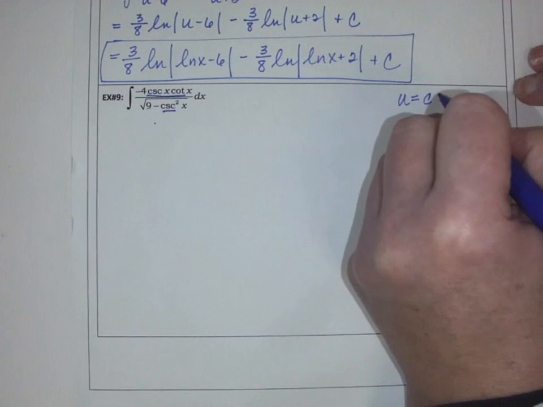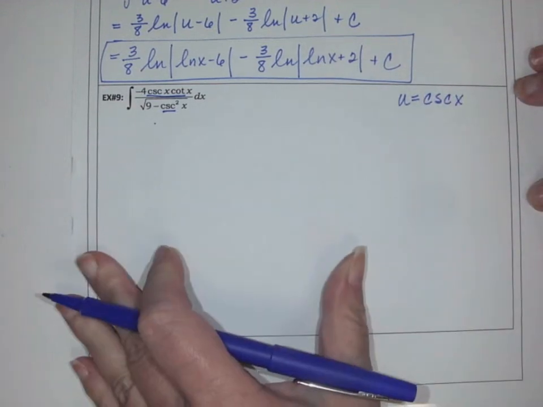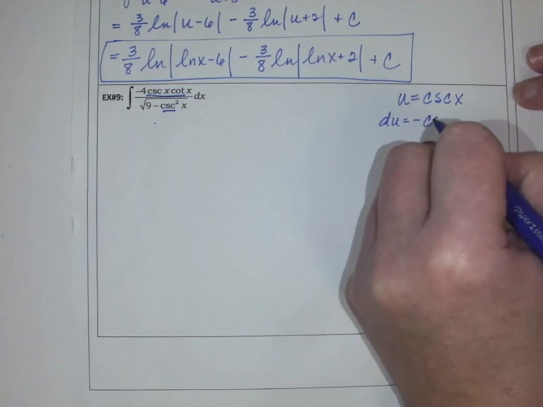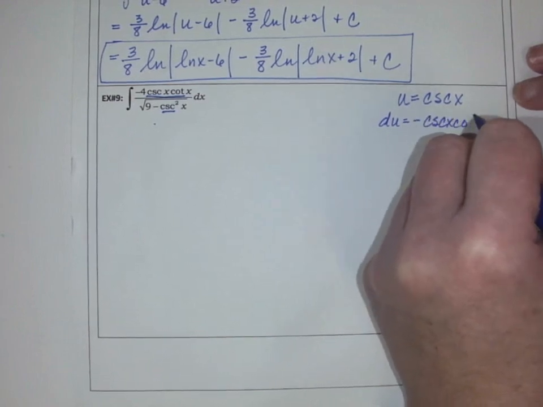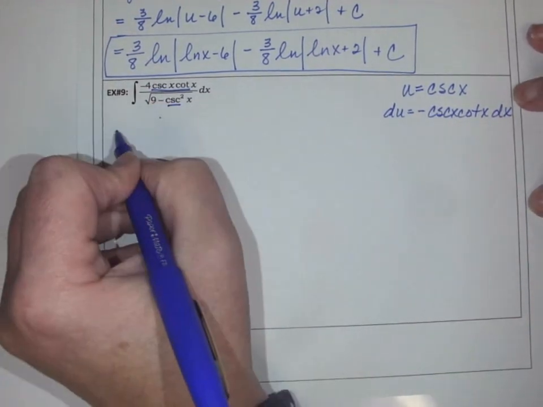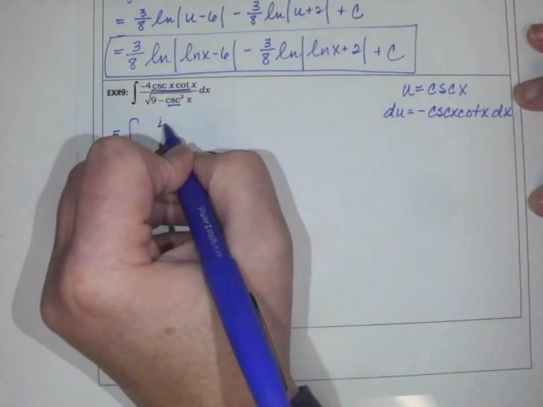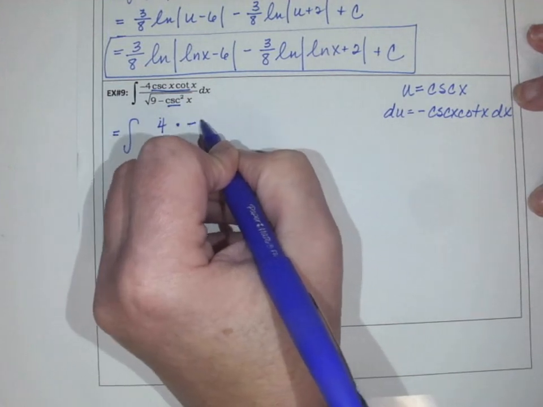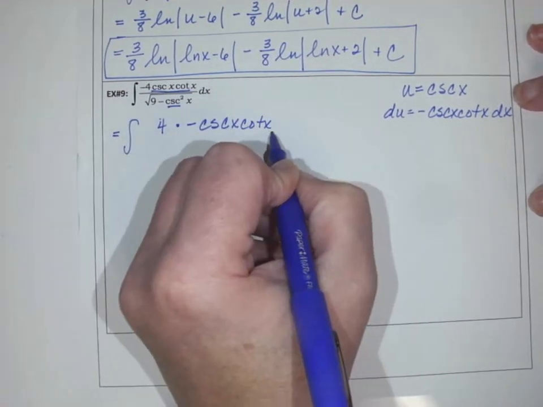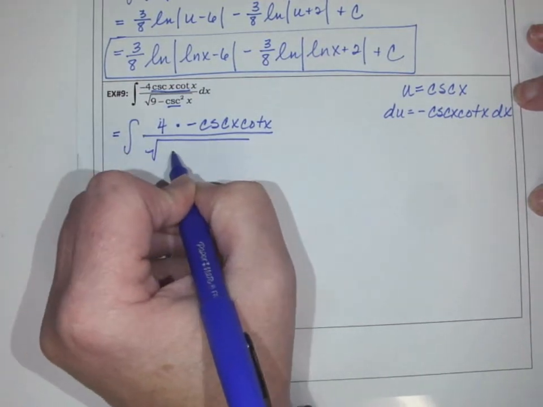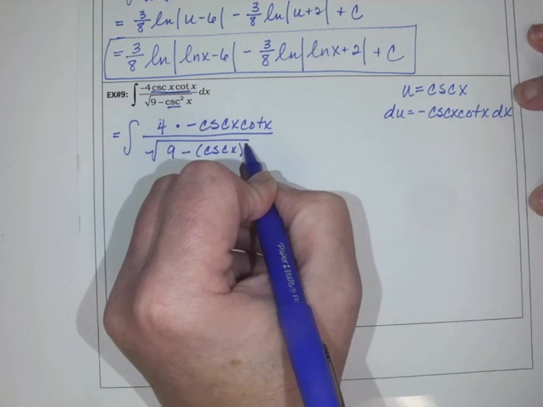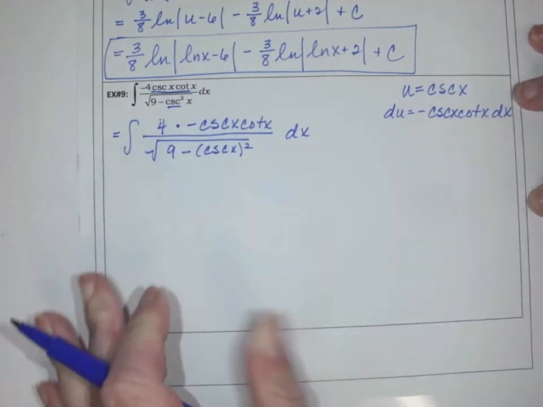So I'm going to let u be cosecant of x, and I'm going to let du be negative cosecant of x cotangent of x dx. Now I'm going to rewrite this problem and separate it so that it's 4 times negative cosecant x cotangent x divided by the square root of 9 minus cosecant x squared dx.